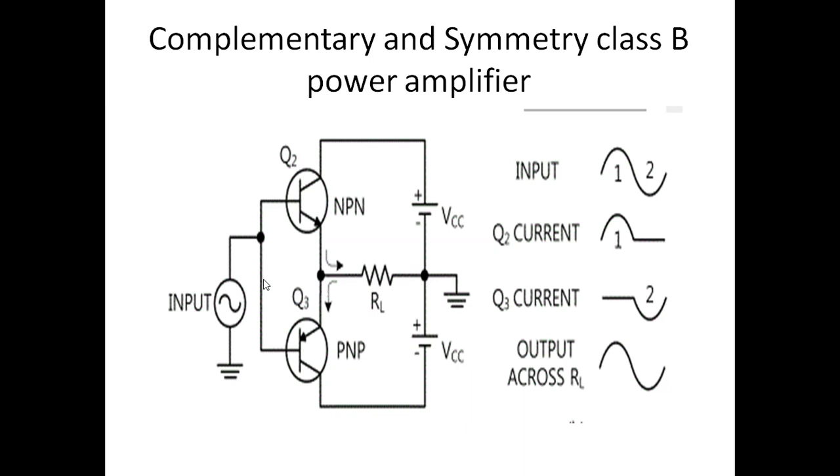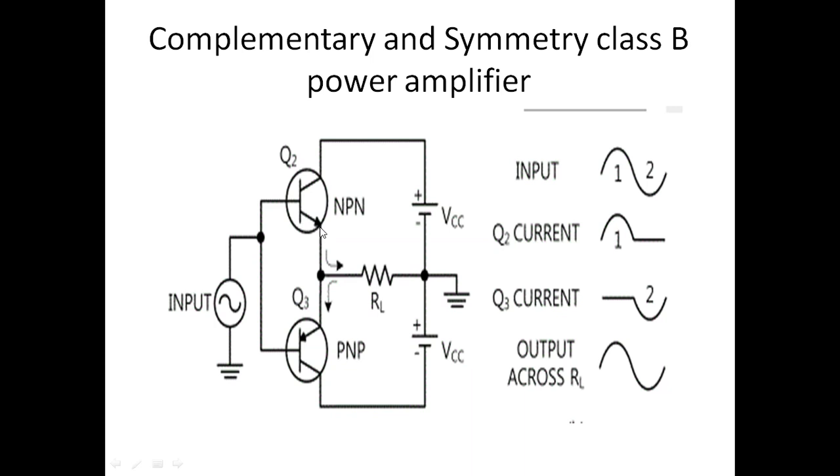That is, one transistor is made up of NPN semiconductors, and the other transistor is PNP.